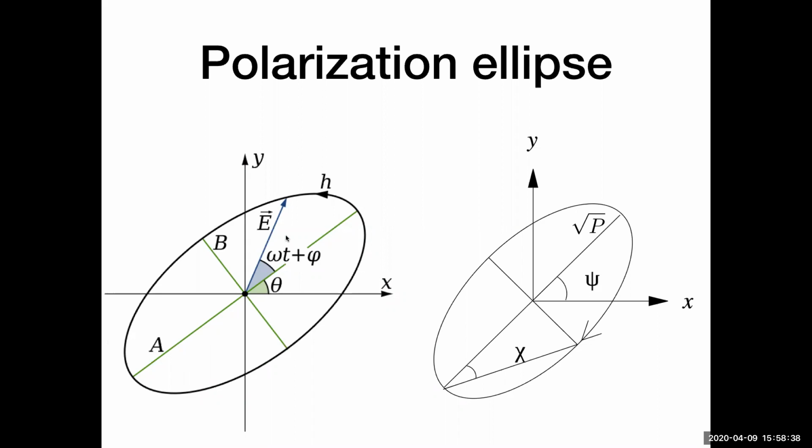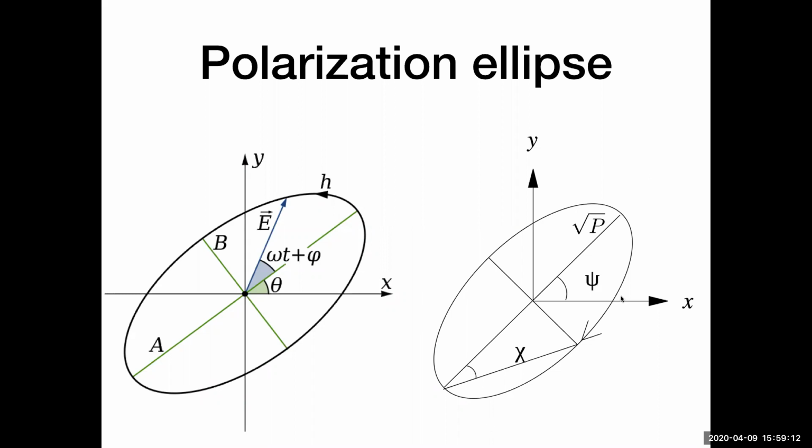Mathematically, you can capture that by making, for example, the semi-minor axis a signed quantity. It can be positive for clockwise and negative for counterclockwise. You can do the same thing with your ellipticity angle, making it positive for clockwise, negative for counterclockwise, or vice versa. All that does is encode the direction in which the electric field is traversing around this ellipse. So this is all very abstract, but it is going somewhere.